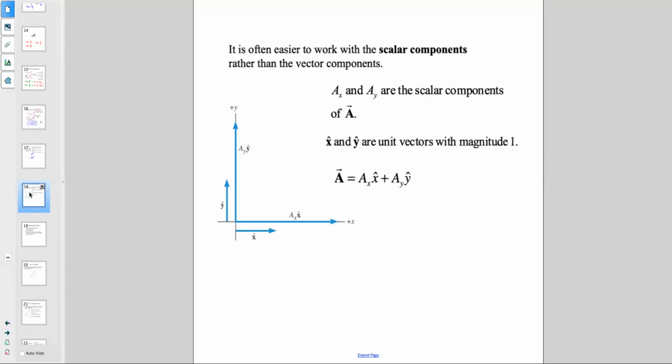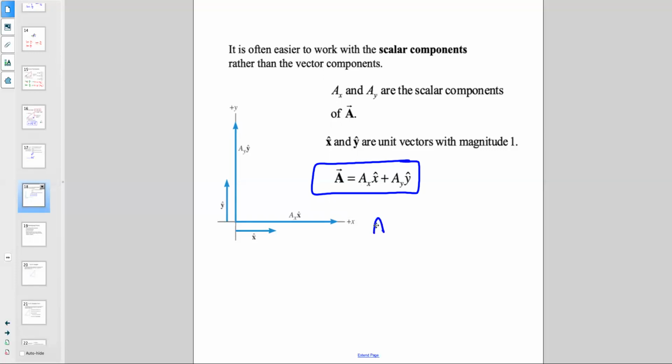So if I want to write down vector A, I can write it like this. Vector A has a projection along x, which is just A sub x times the unit vector along x, plus the projection of A along y times the y hat, or unit vector along y.